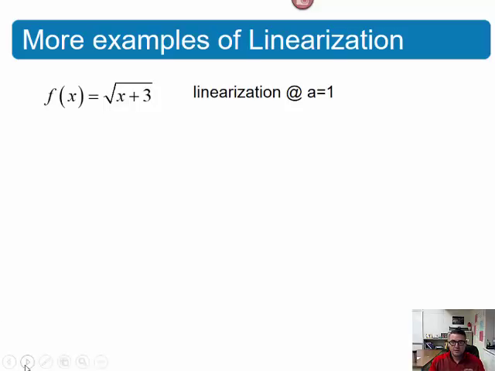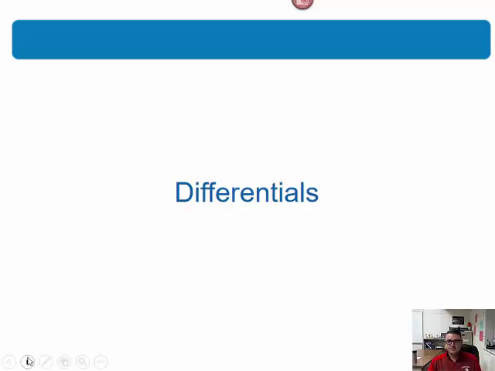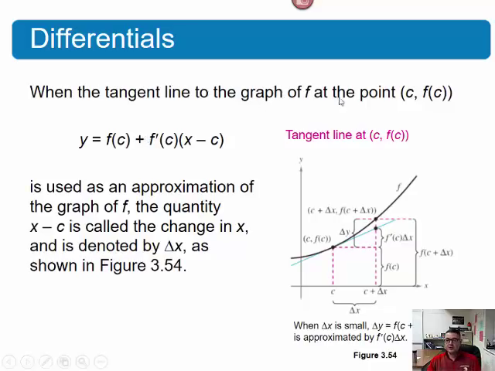All right, I'm going to continue on here. So differentials. When the tangent line of the graph of f at the point c comma f of c, we understand that delta x is the change in x, delta y is the change in y. We can use this. Again, that tangent line is an approximation of f.